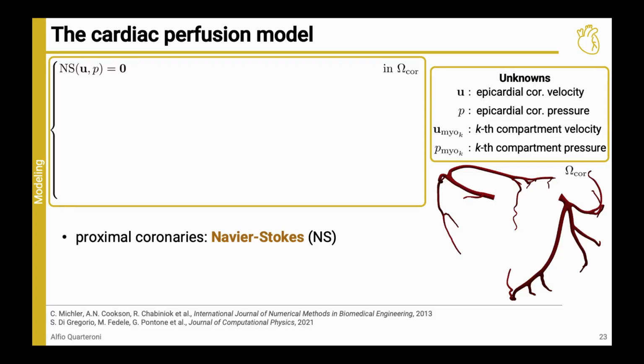I guess you all know about coronaries. Coronaries are sitting on the external part of the heart, and they are there to feed the heart, to feed the muscle. So they take blood from the ascending aorta, and they bring blood back to the muscle, to nurture the muscle.